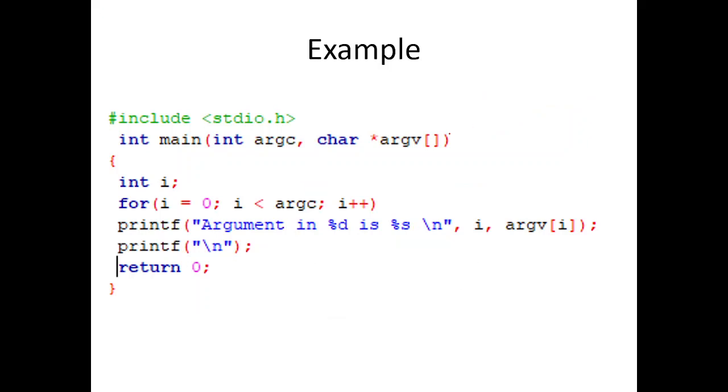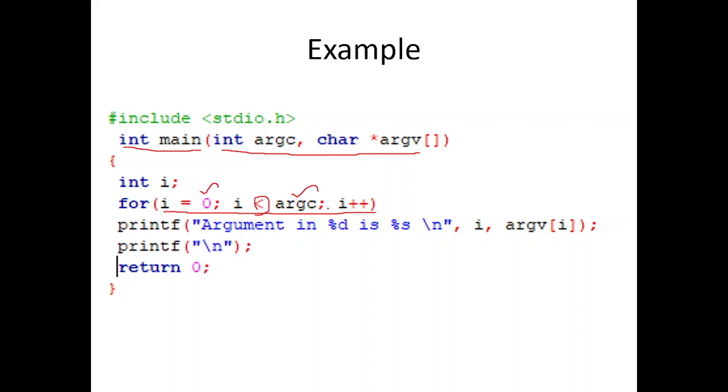In this example we write the main function with arguments. argc is of integer data type and argv points to the string array. I am running a for loop whose iteration starts with a count of 0 and moves till argc minus 1, since it uses a less-than symbol.